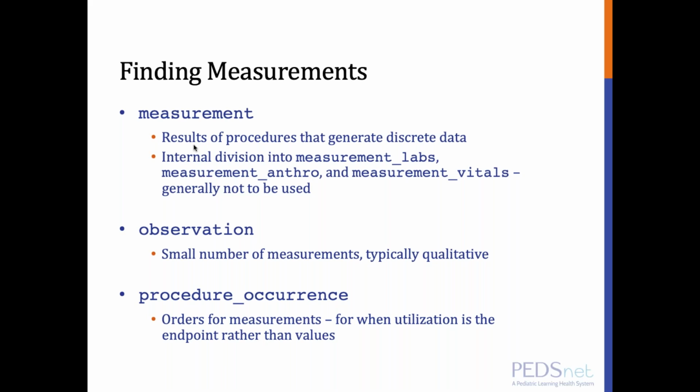The observation table also has a little bit more of unstructured measurements. So for example, if there were different survey results that are technically measurements but don't fit into the measurement table, they might fall into the observation table. And then, as Connor mentioned, some procedure occurrences. Procedure occurrence captures some measurement values as well.